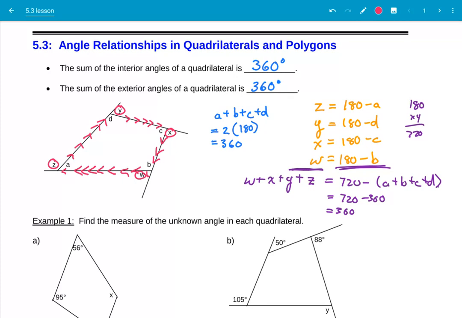If I go all the way around, I'm heading in the exact same direction I started off. I'll have turned 360 degrees. So those four angles have to add up to 360 degrees. Now, if it's a pentagon, a hexagon, any shape at all, to get all the way around, I'll have turned 360 degrees. So the exterior angles like that are always going to add up to 360. So there's the reasoning way of doing it. Okay, so think about that, and then we're going to go on.